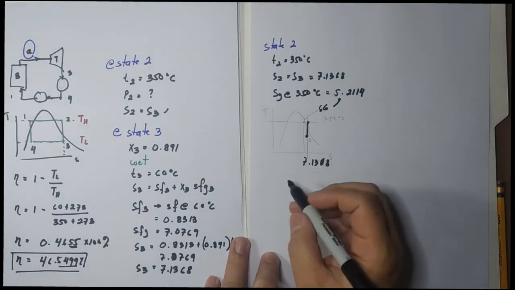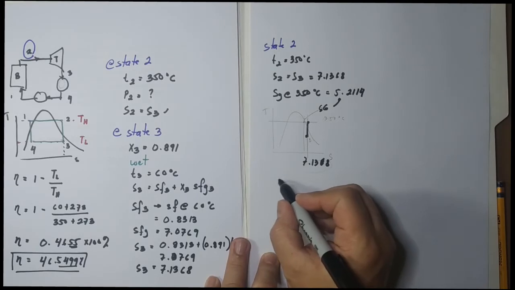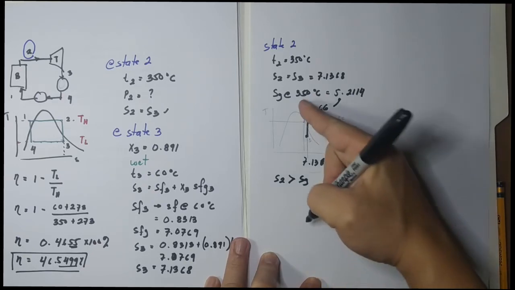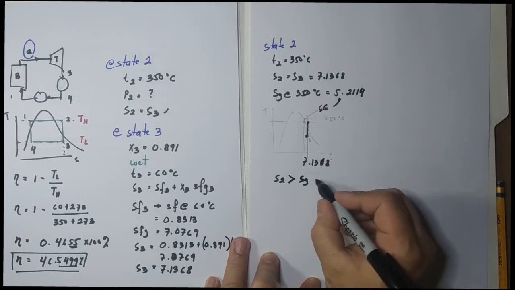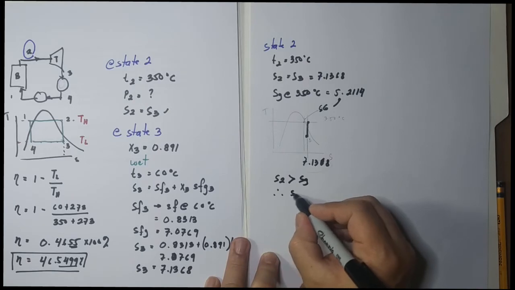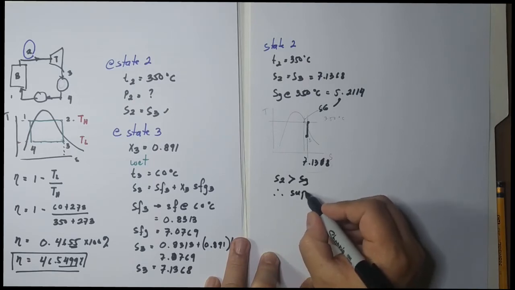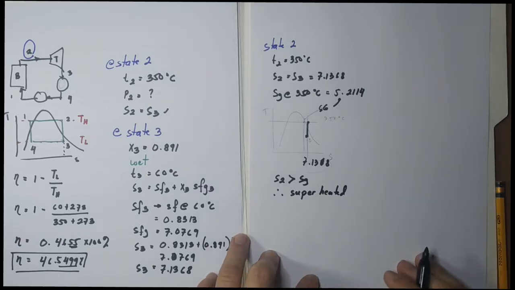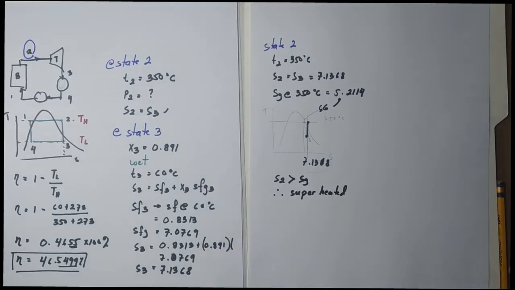Or, you could say that kapag yung S2 ay greater than SG at that temperature, therefore, superheated. Okay? Bakit kailangan natin yan? Kasi kapag superheated, ibang table ang gagamitin mo.